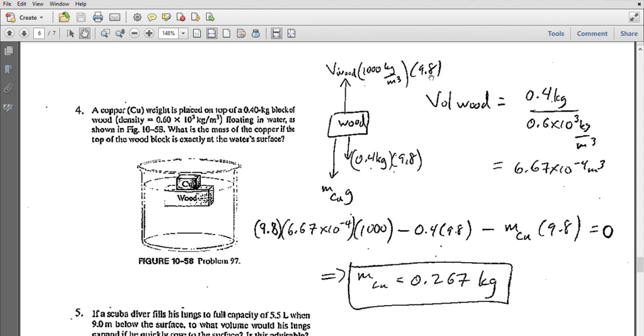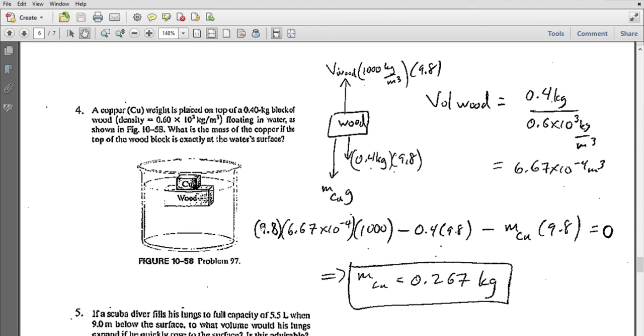Okay? Now, we're given the mass of the wood, and we're given the density of the wood, so mass equals density times volume. We know the mass, we know the density. We can solve for the volume of the wood. That's what I've done over here. And I can substitute that into this up here to figure out what the buoyant force is.